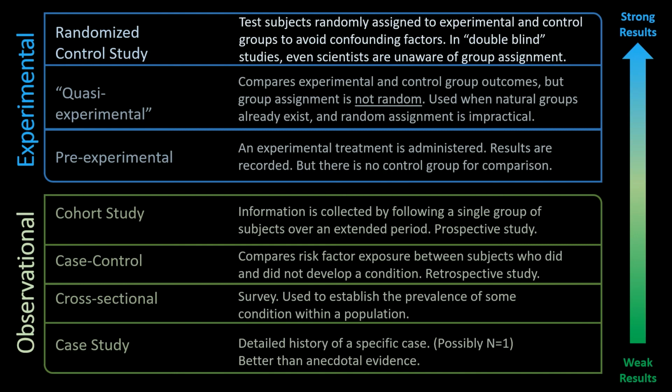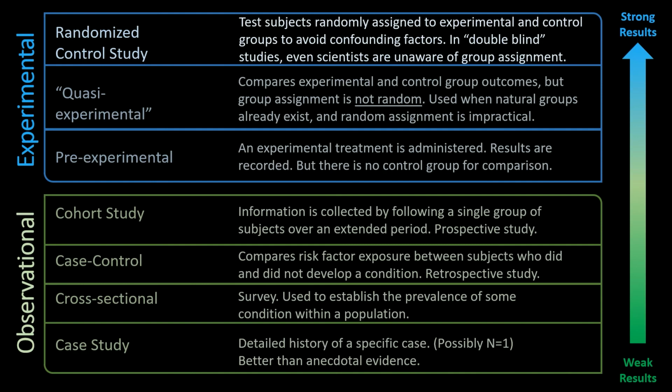So in the example where I had two towns, maybe there's some feature of the genetics or environmental factors of those two towns that the experimenters are not aware of that would affect the results of the experiment. In a randomized controlled trial, you wouldn't have to worry about that so much. It's not a perfect system for eliminating that kind of confounding factor, but it helps. It definitely helps a lot.